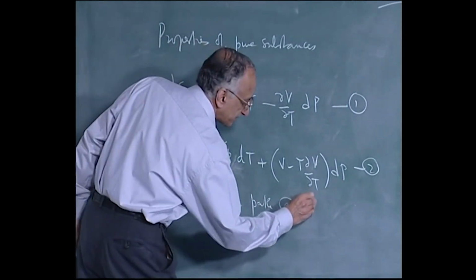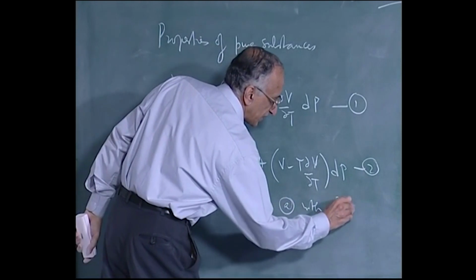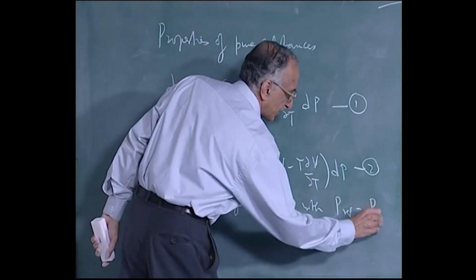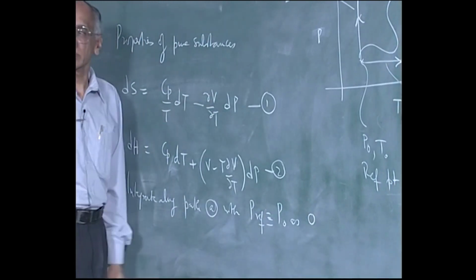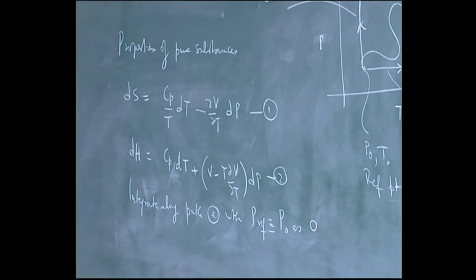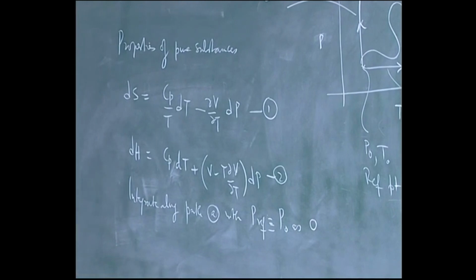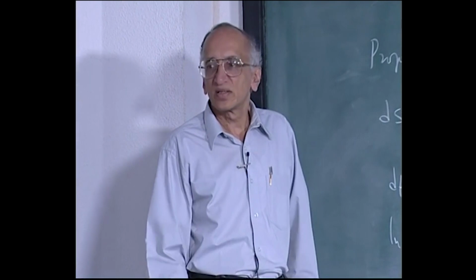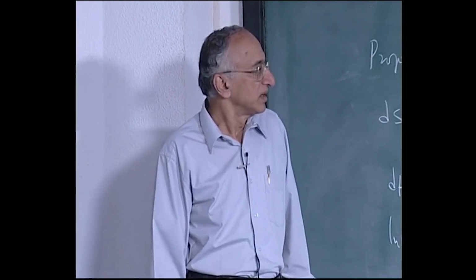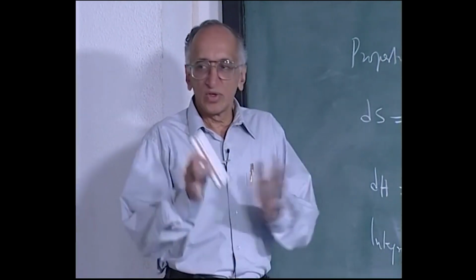Path A, with P reference, often written as P0, as 0. In some books they will say 1, but if the pressure is low enough, 1 atmosphere or 1 psi, anything less than 1 atmosphere, it is completely ideal. But you have to be careful when you use two tables.